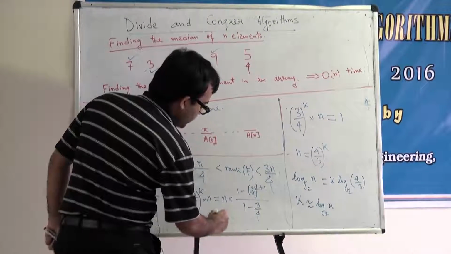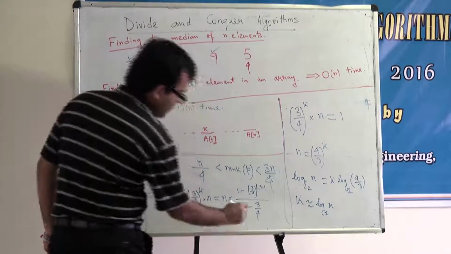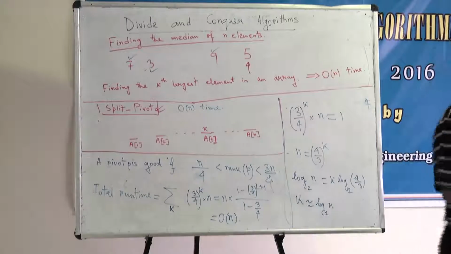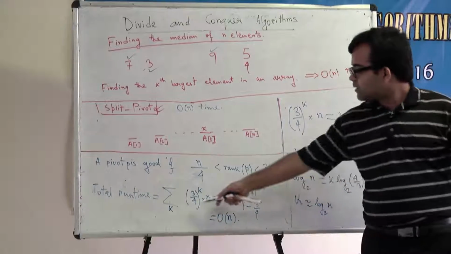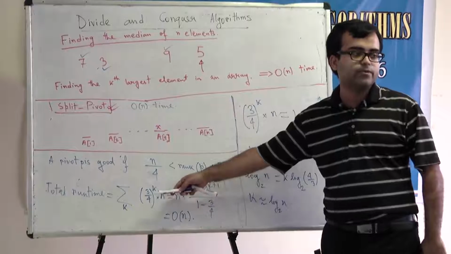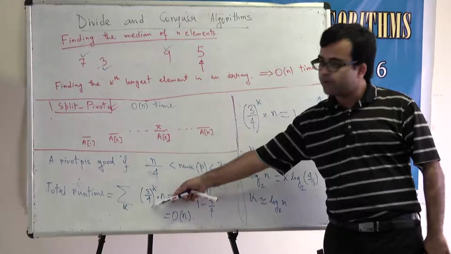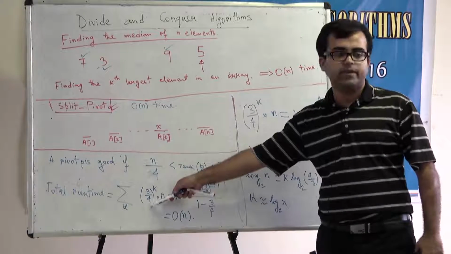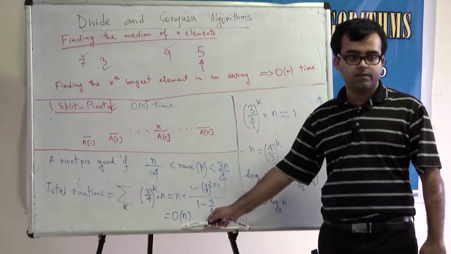So this is order n. And this will hold as long as this is any constant less than 1. There is nothing magical about 3 over 4. Just replace it by 4 by 5, you will still get order n. Replace it by 99 by 100, you will still get order n. Okay.